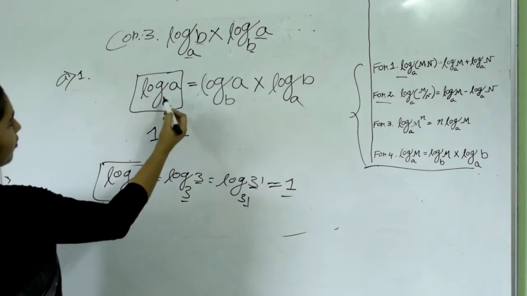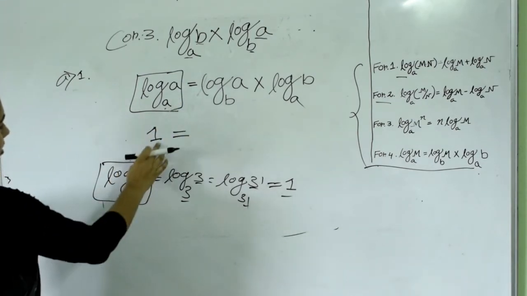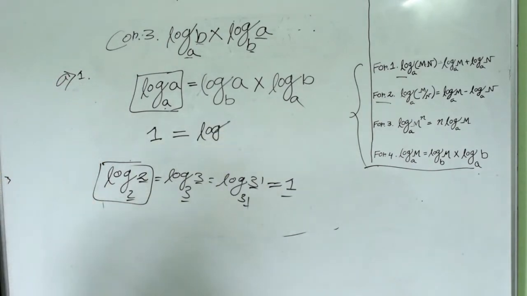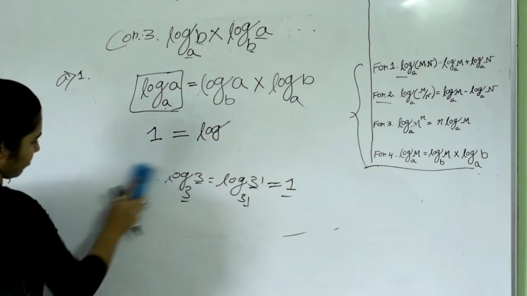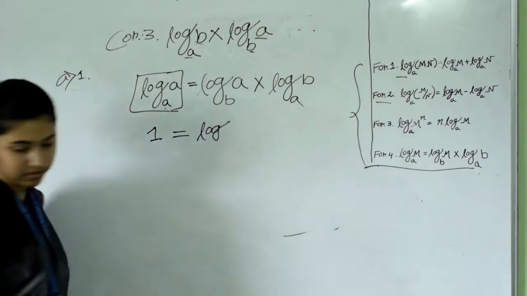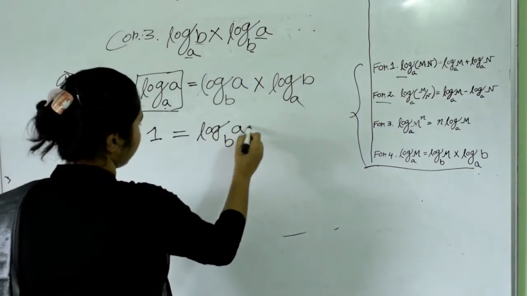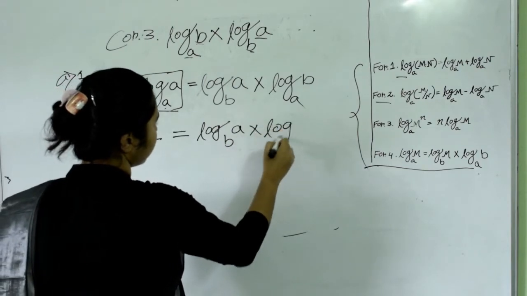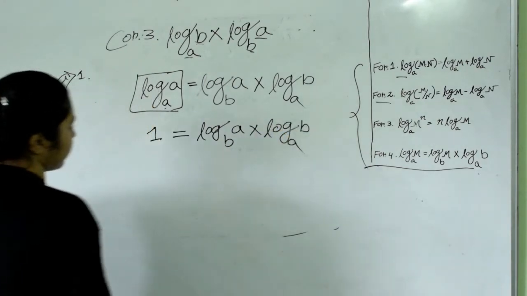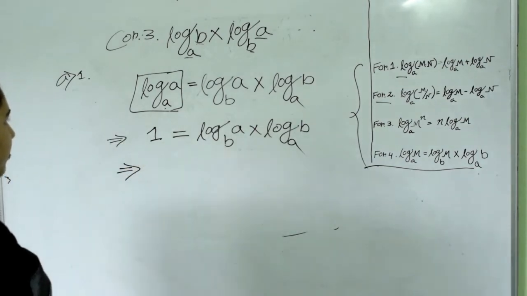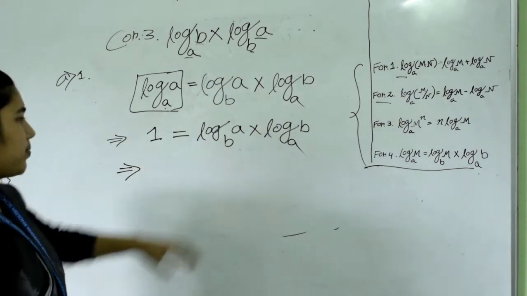So the value of log a with base a is 1, equals to log a into log b with base a. Now just cross multiply.